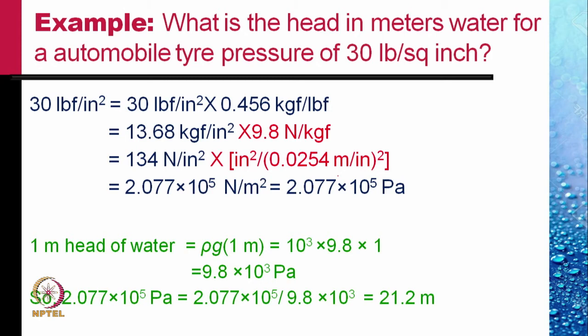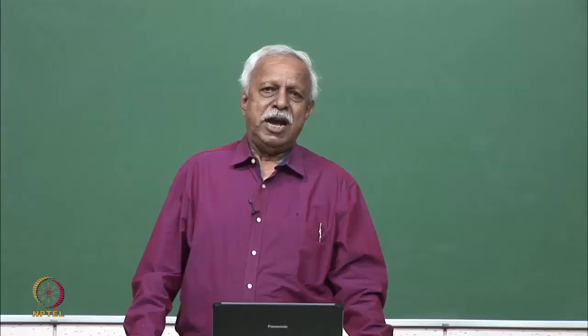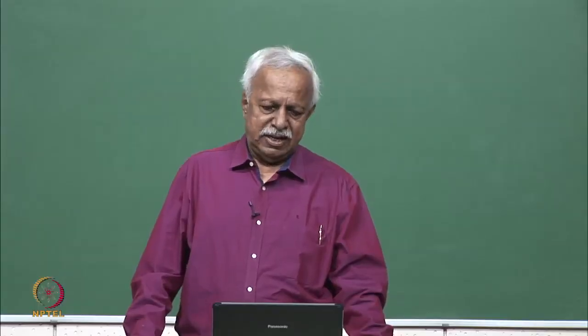So this is the head of water that will create the same pressure as 30 pound per square inch, 21.2 meters. Compare this to atmospheric pressure, which is about 10 meters of water, a little less than 10 meters of water. In fact, about 9.8 meters of water is the atmospheric pressure head.